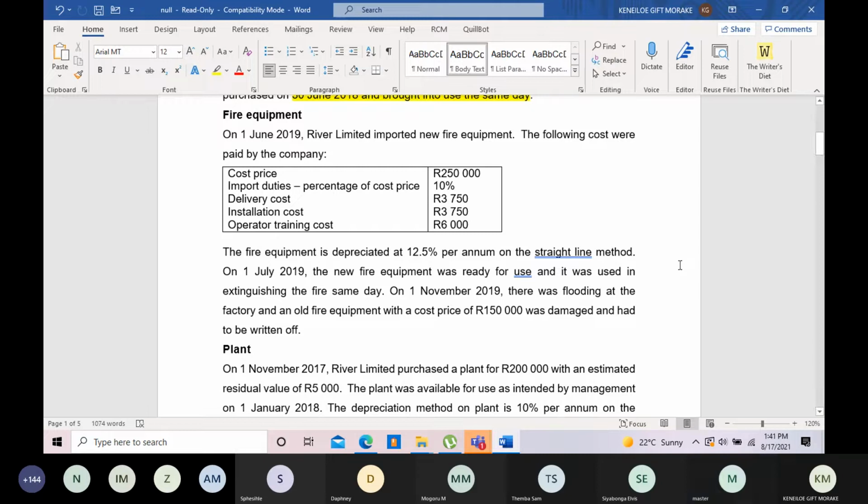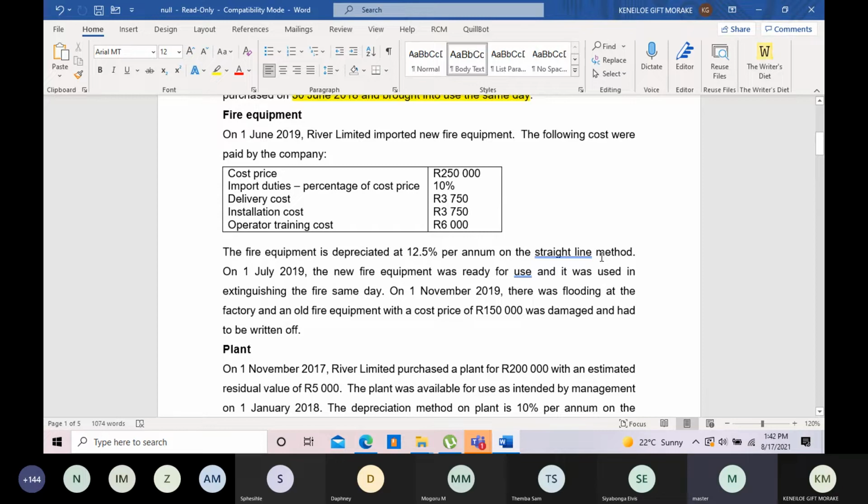You take the original cost price of 475,000 and multiply it by the percentage, which is 12.5%, to see the total amount of depreciation. On the straight line method, you're going to get 59,375.